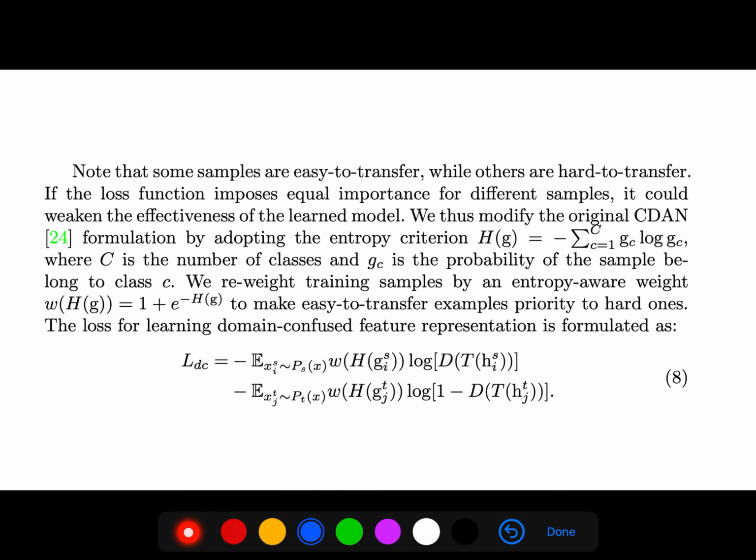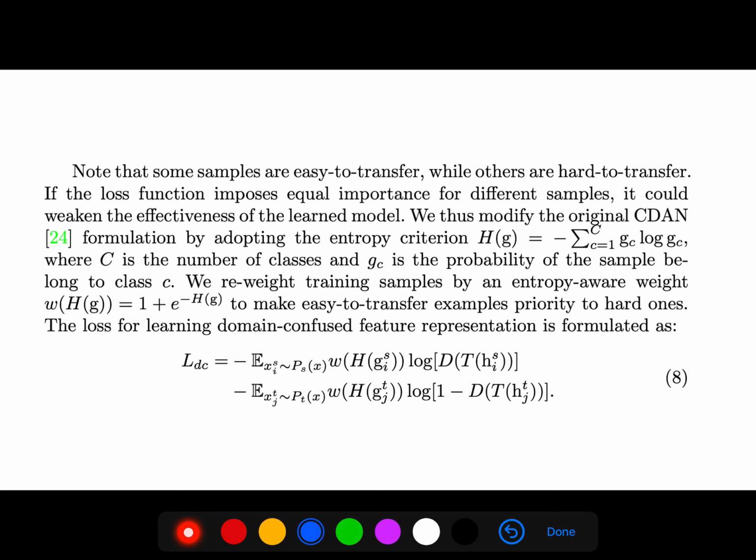Note that some samples are easy to transfer, while others are hard to transfer. If the loss function imposes equal importance for different samples, it could weaken the effectiveness of the learned model.